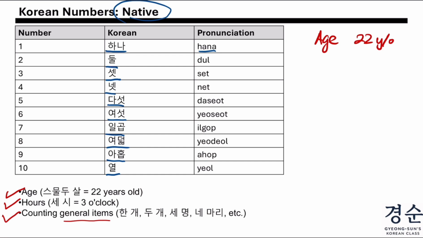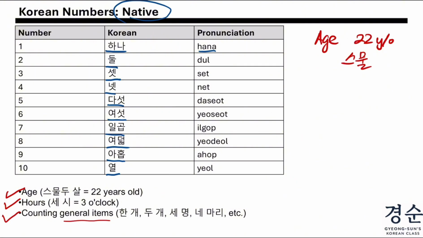Okay, how do you say 22 years old? There is only up to 10 here, but for 20 it is 스물. Okay, 스물 is 20. So 22 is 스물둘.